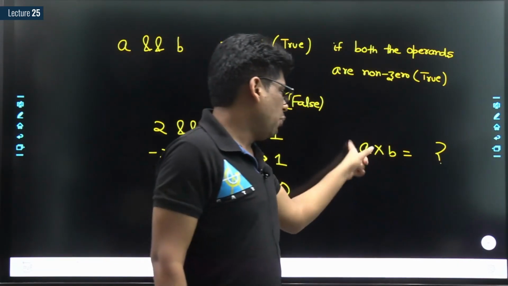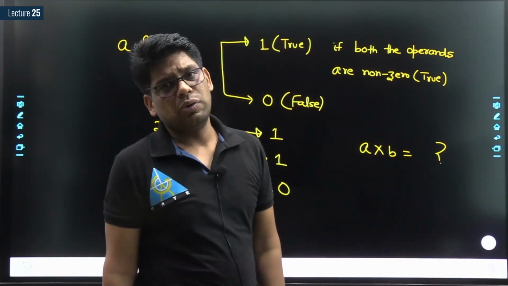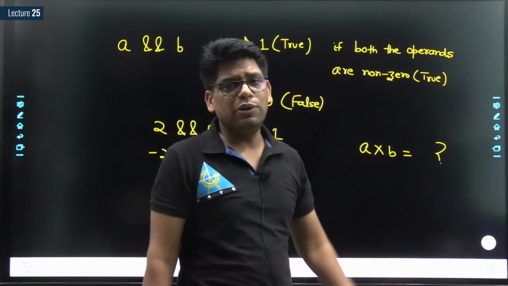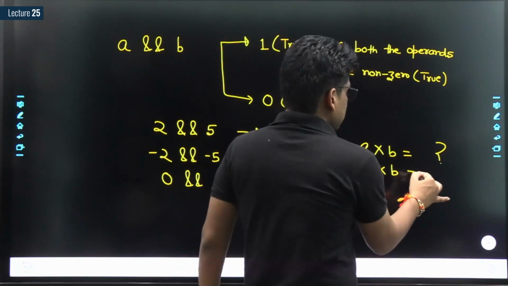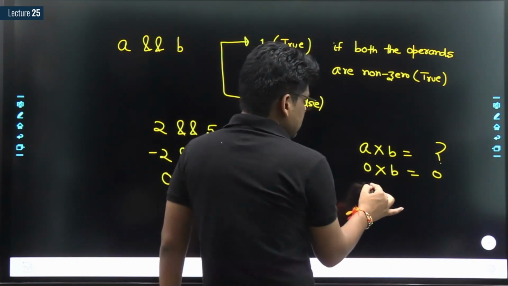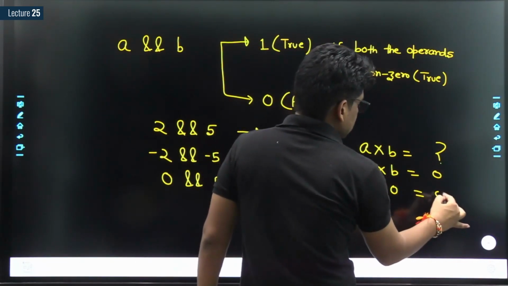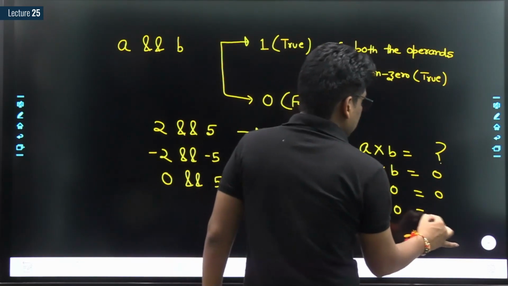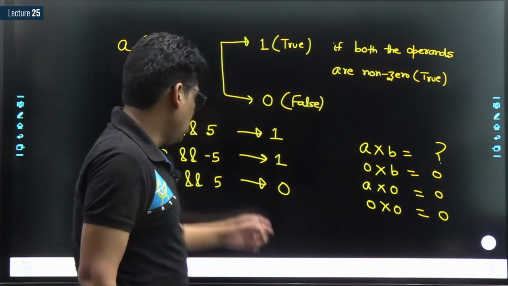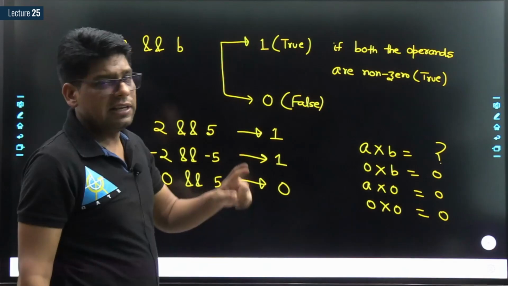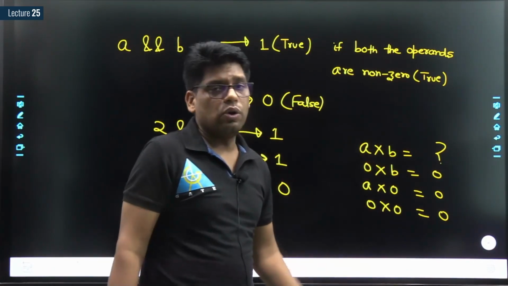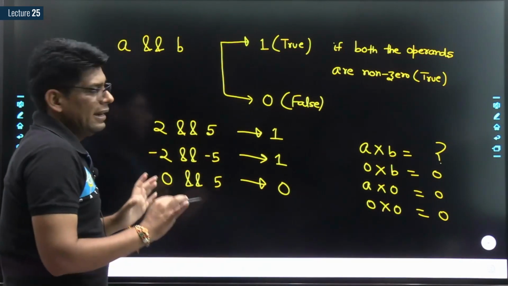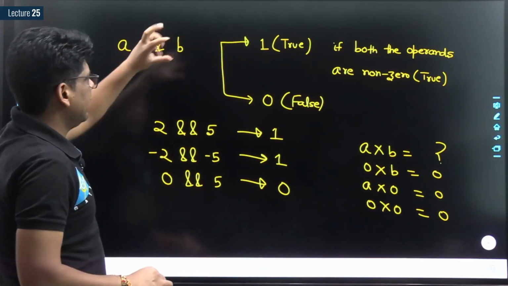Only when both A and B are non-zero. If any one of them is 0, the result will be 0. If A is 0, 0 into B is 0. If B is 0, the result is 0. If both are 0, the result is 0. So in only one case the result is non-zero, when both of them are non-zero. And that's how A and B also work.